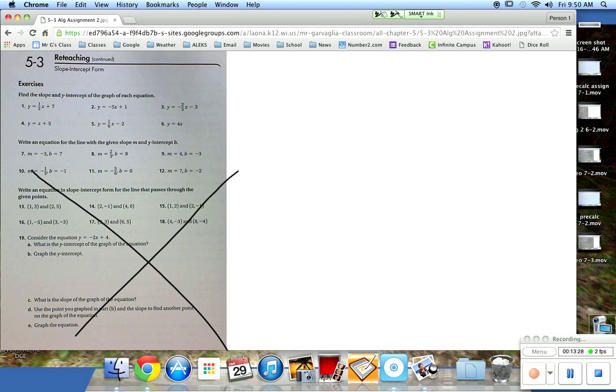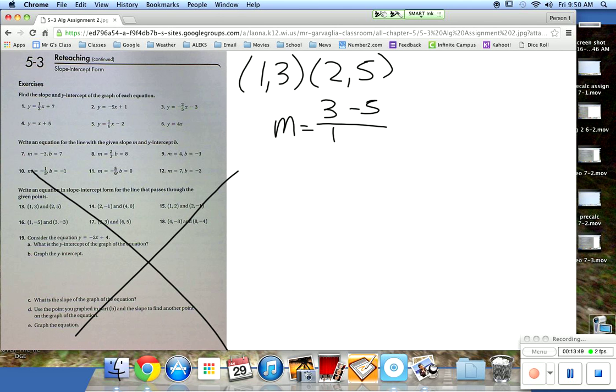We've got 1, 3, and we have 2, 5. I'm going to find my slope first. M equals y on top, 3 minus 5 over 1 minus 2, which equals -2 over -1, which is just 2.